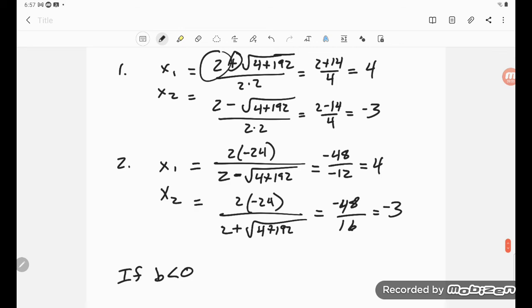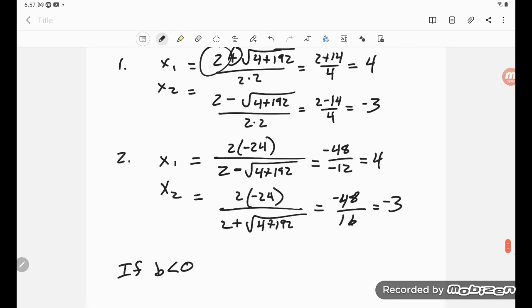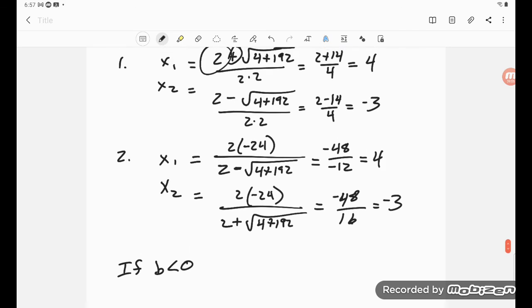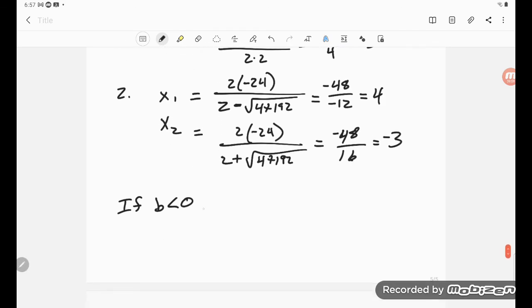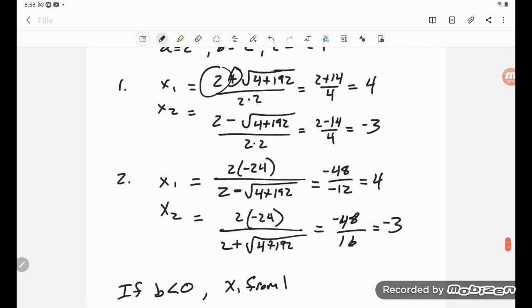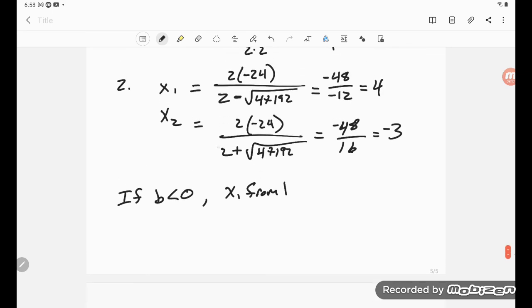Here, 2 and 14 don't look that close, but actually they're not bad. So if b is less than 0, we'll compute x1 from 1, and we get to use that same plus down here if we do the x2.